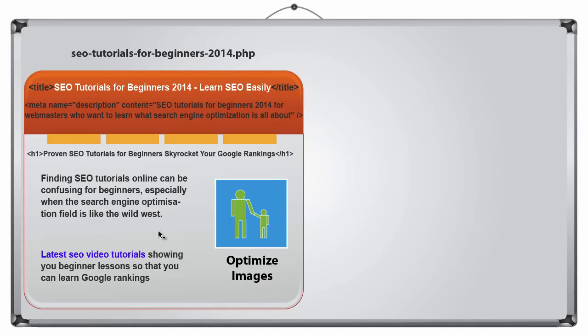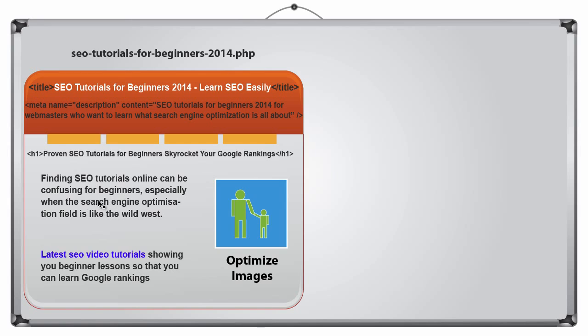Now, present your web pages in such a way that people spend time staying on your web pages, okay? So web copywriting means include your keywords within your copy and do so intelligently. If you're targeting, let's say, this keyword, SEO tutorials for beginners 2014, what you can do is find related terms.